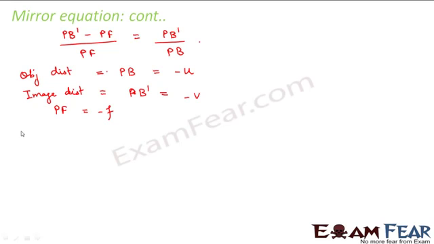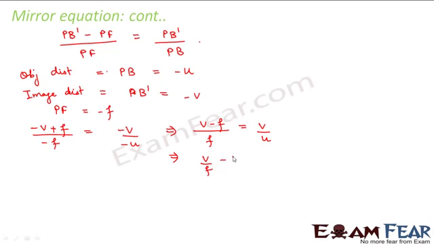Now putting these values in this equation, we get minus V plus F divided by minus F is equal to minus V by minus U. So this becomes V minus F divided by F is equal to V by U. So we get V by F minus 1 is equal to V by U. Now dividing the entire equation by V on both left hand side and right hand side, what do we get?